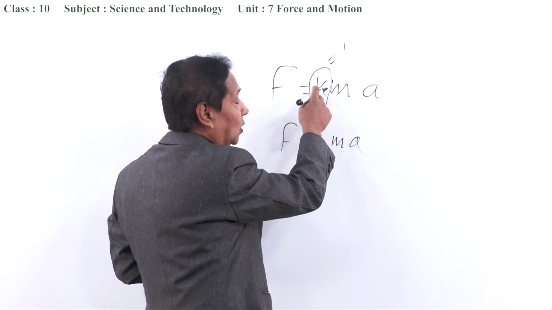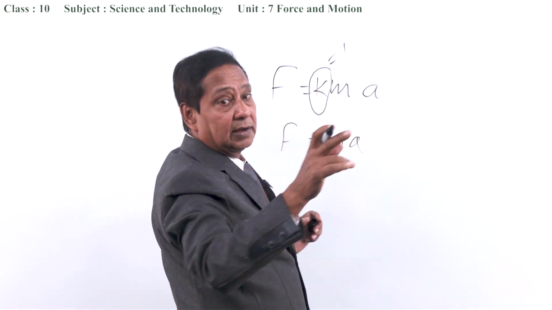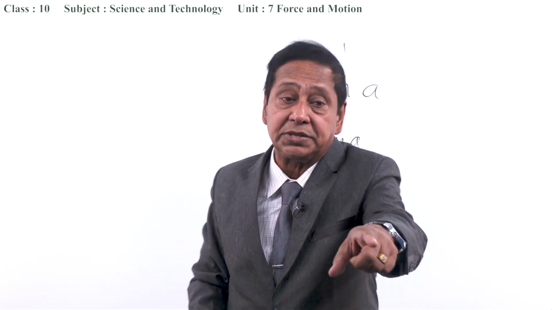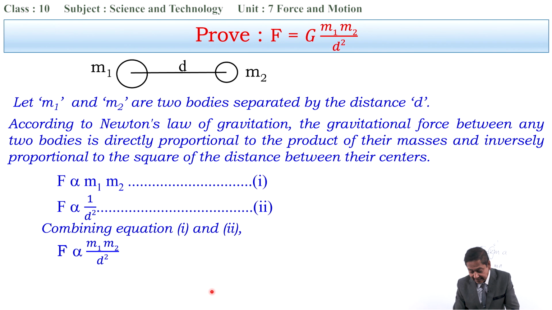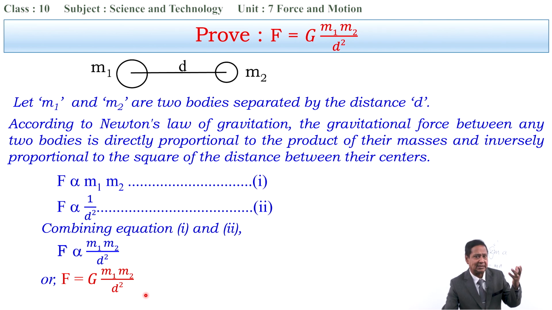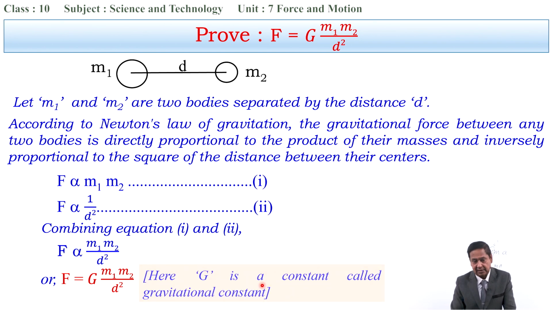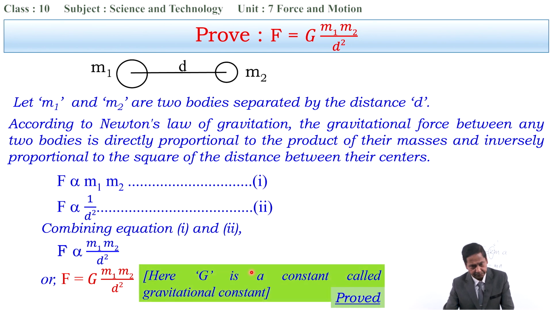In the same way, here the constant is G. Now, I want to convert this proportional sign into an equal to sign, but we must take this constant between these quantities, and this is taken as capital G. This is called the gravitational constant. This way we can prove this equation.